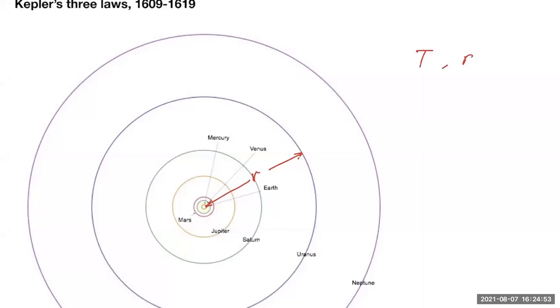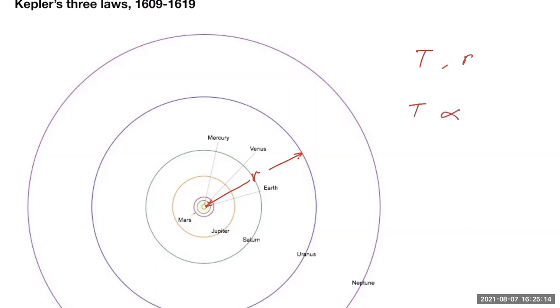Kepler made observations for the values of T and R for the visible planets. And he found an interesting relationship between T and R, known today as Kepler's third law. He found that T and R are not proportional to each other.